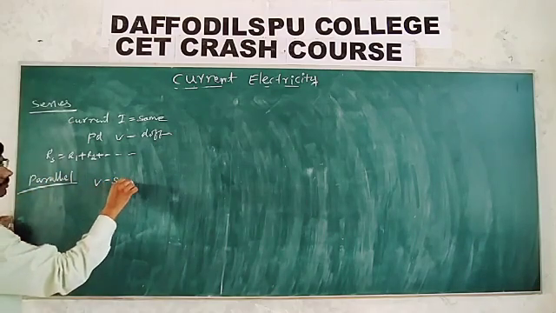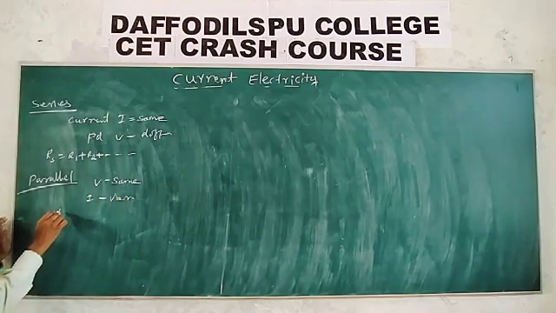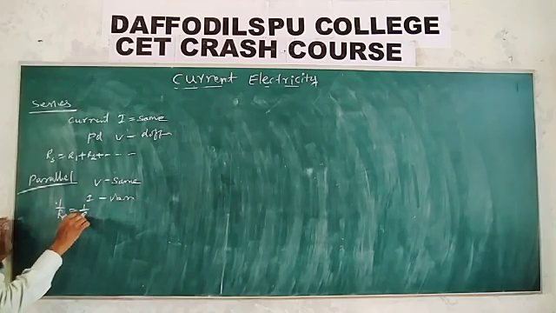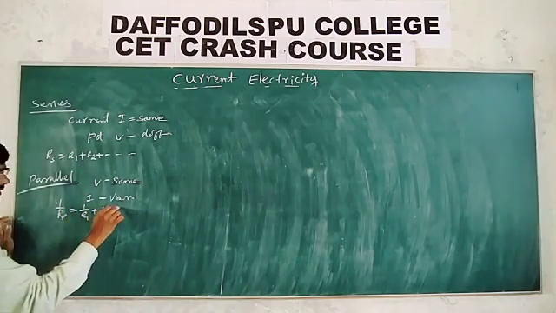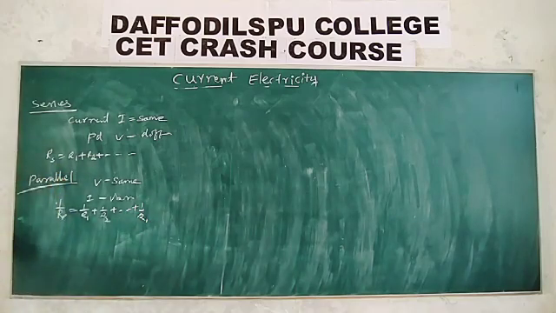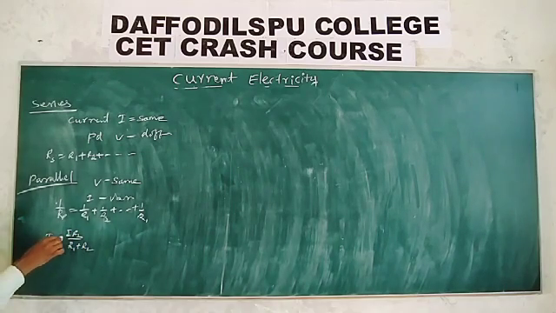Whereas in parallel combination, the potential difference is the same, but the current varies, and the resultant resistance is 1 by R equal to 1 by R1 plus 1 by R2 and so on. In parallel combination, I1 is equal to I R2 by R1 plus R2. That means you take the total current into the opposite resistor.